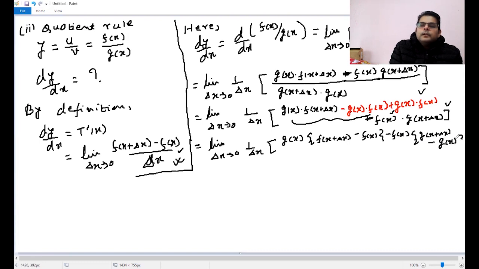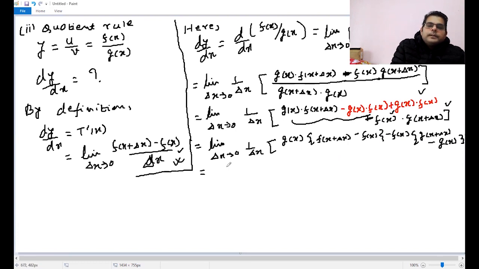Okay, now algebraically you can divide by Δx to both of these terms in between this minus. So do the same thing over here, and the limit goes to both terms because we have to use the limit where it is applicable.